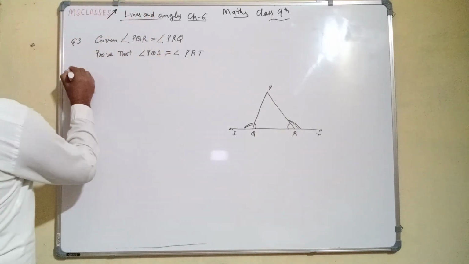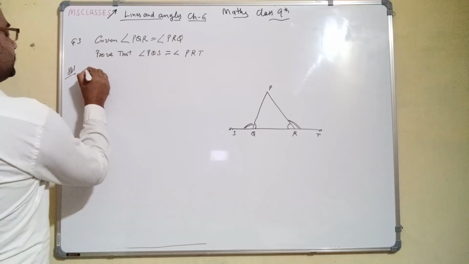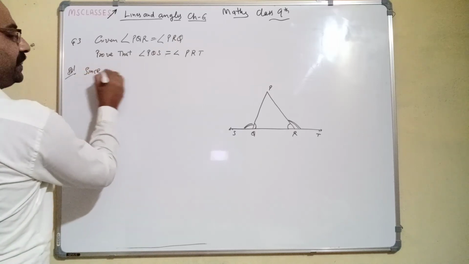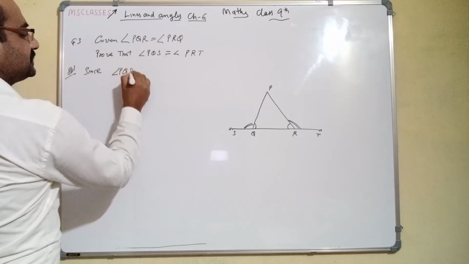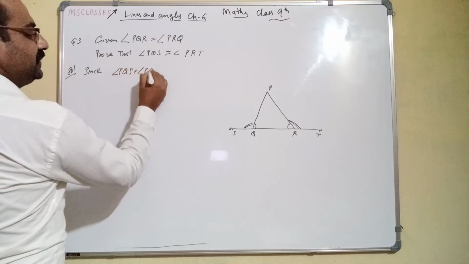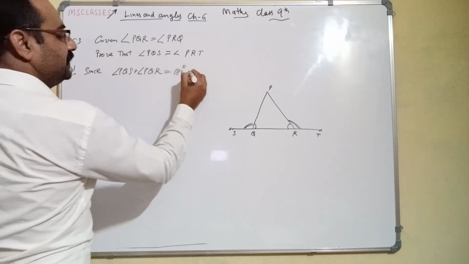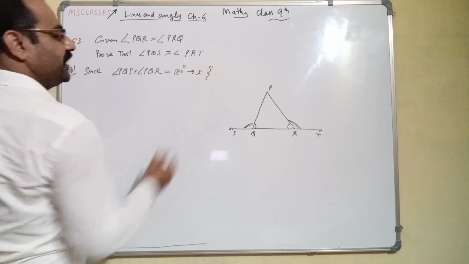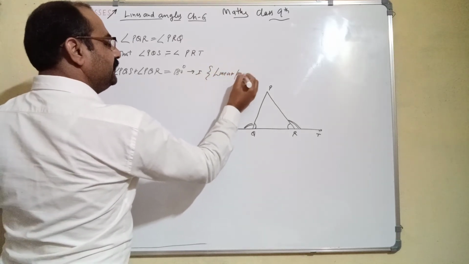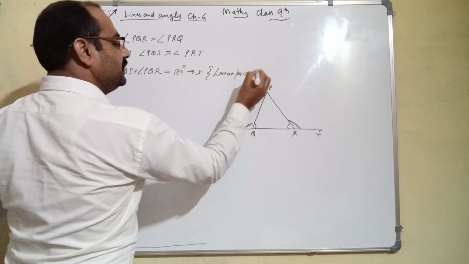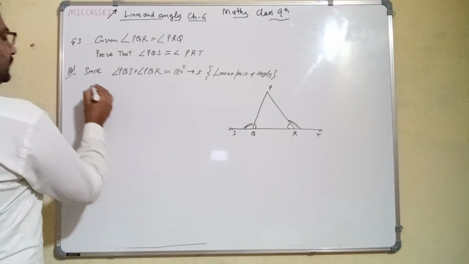Now, solution is, since angle PQS plus angle PQR is equal to 180 degree, equation number 1. Why? Linear pair. Because this is a linear pair of angles. Right?